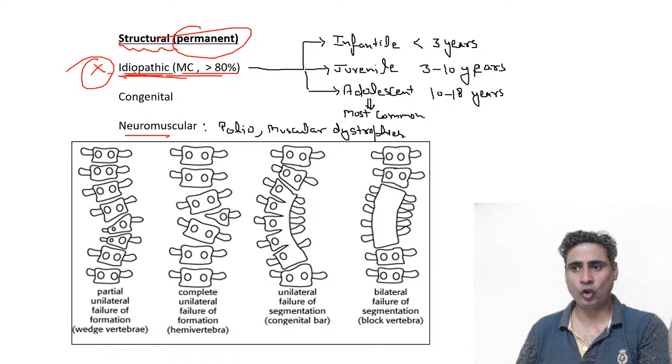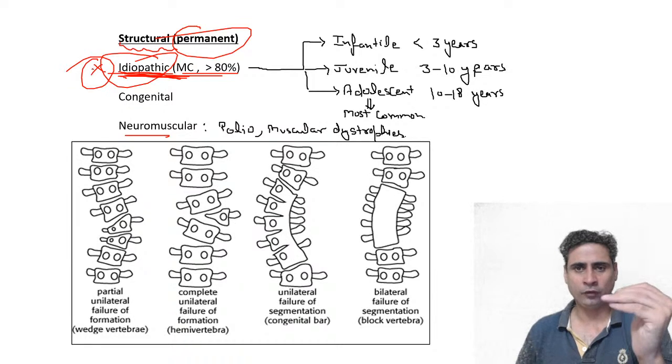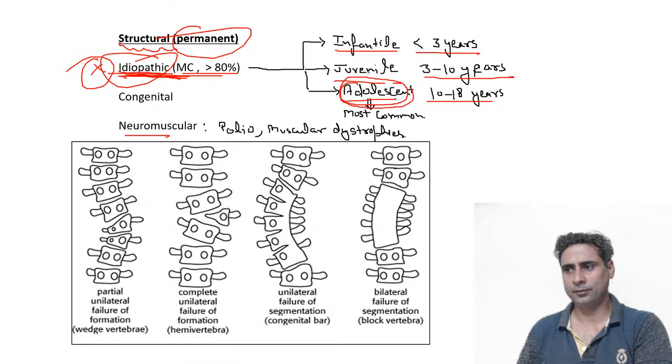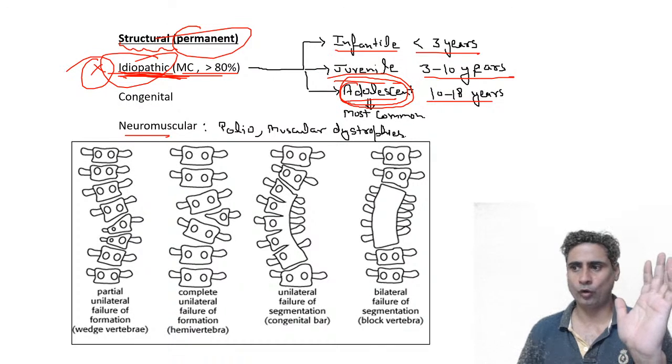Still there is a structural problem in the spine causing scoliosis. That is why it is known as idiopathic. Depending on the age of appearance, it is divided into infantile, first 3 years of life, juvenile 3 to 10 years, and adolescent 10 to 18 years. Adolescent idiopathic scoliosis is the most common type of scoliosis overall.